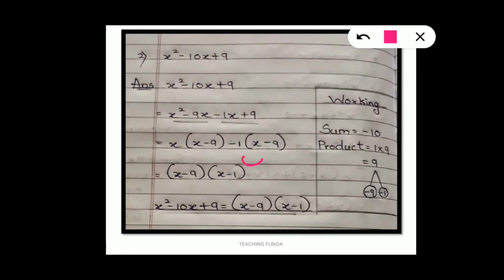See, minus minus is plus, and 9 ones are 9, so the two terms are the same. The answer is x minus 9 and x minus 1. Okay, this is all about this sum.